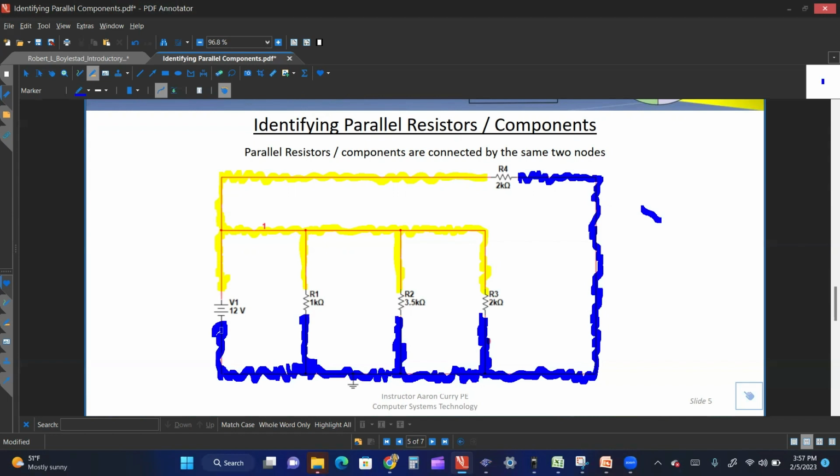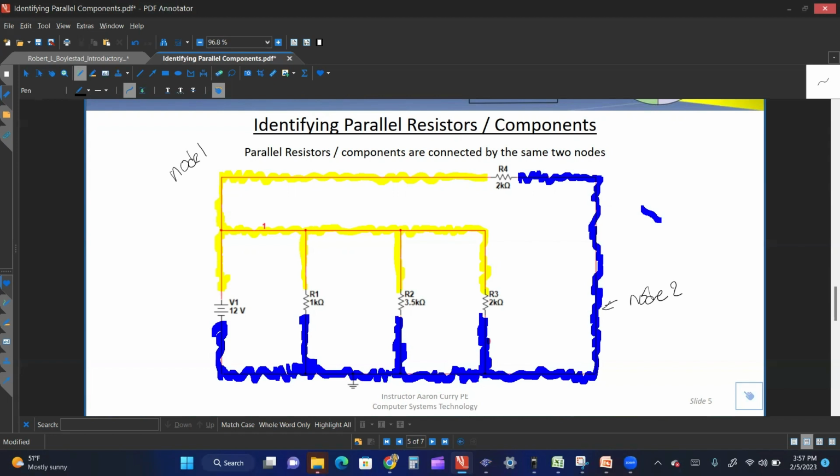Boom. So this yellow one over here, that's your node one. This blue one is your node two. And so you can easily see that R1, R2, and R3 are in parallel.